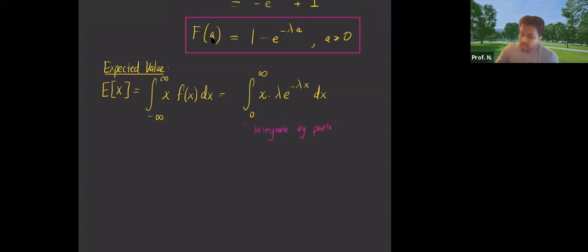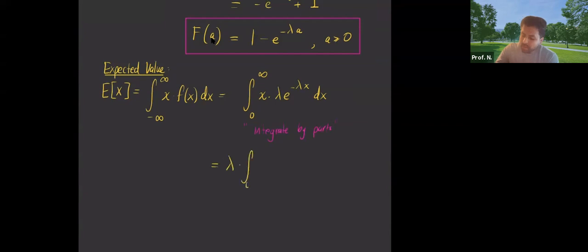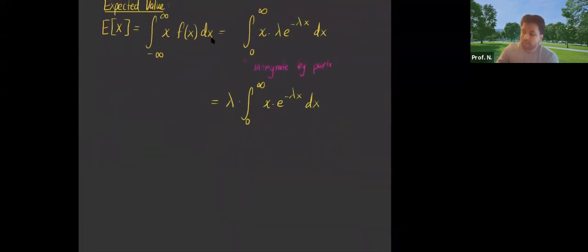Actually, let's put the lambda outside for a moment. So this becomes the integral from 0 to infinity of x times e to the negative lambda x dx. So u will definitely be x, which means u prime equals 1.